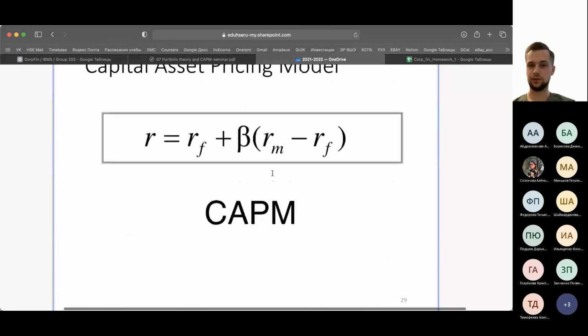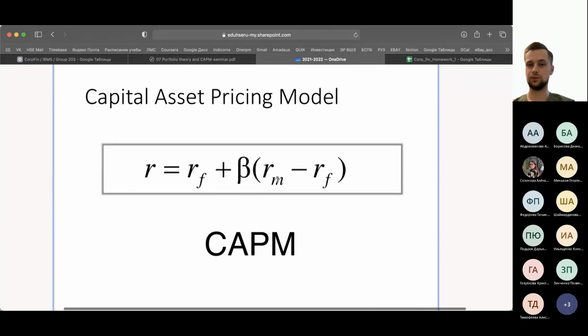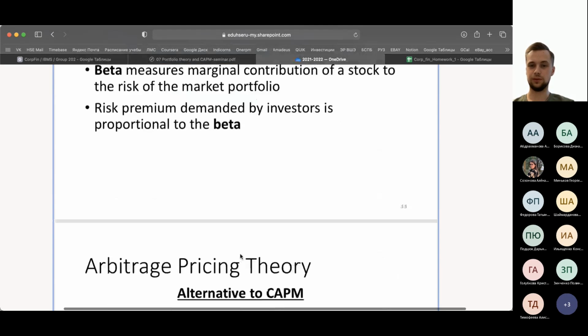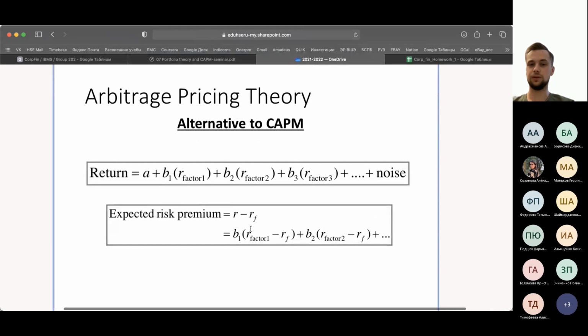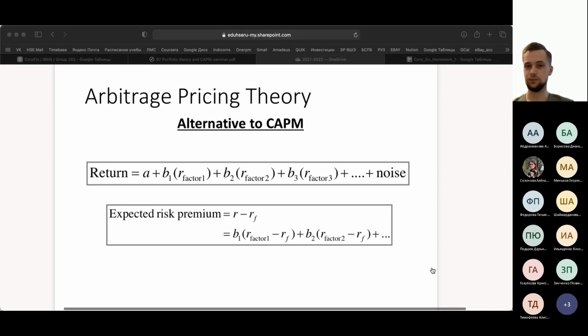The same as in the CAPM model, where the risk is the market risk: the portfolio affected only by market risk minus the risk-free rate. Here this is the rate of return of a portfolio which is affected by some other risk, and only this risk, minus the risk-free rate. Is it clear for now? Yes.